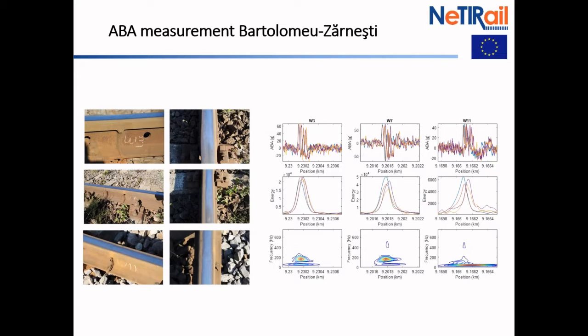We also analyzed the welds that are in these railways. Although from the pictures you see that the three welds look more or less similar, from the top view there is no evident defect happening. With this system, we can analyze the energy. And the one over here, weld number 7, has the highest level of energy.